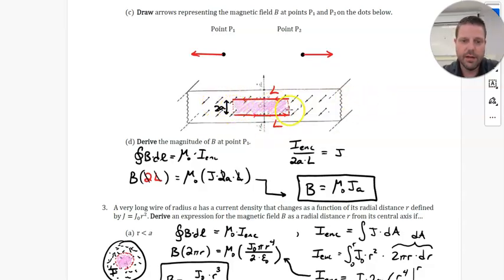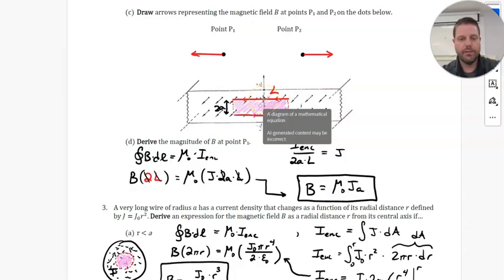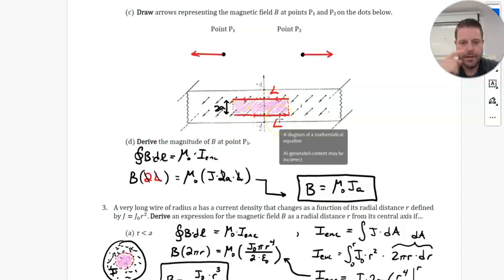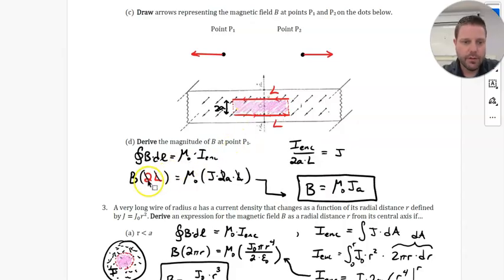So there would be zero field on the sides, but you have just enough extra current below it when you're up here to create a B field that's moving to the left, and then below it you have more current above it, so that means you're going to have a B field going to the right, totaling a distance of 2L. Then we can define the I enclosed as residing over the area defined by the length times width, and we can get the magnetic field that way.